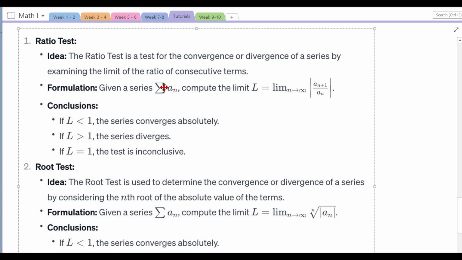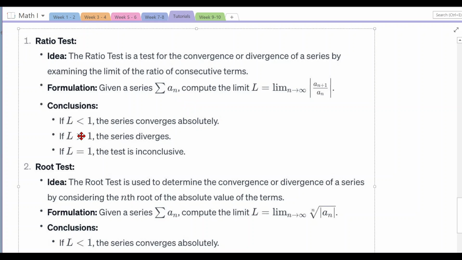We can calculate the limit of the absolute ratio of a sub n plus 1 divided by a sub n, as n approaches infinity. So we need to evaluate the limit as n approaches infinity of a sub n plus 1 over a sub n, meaning the original series.